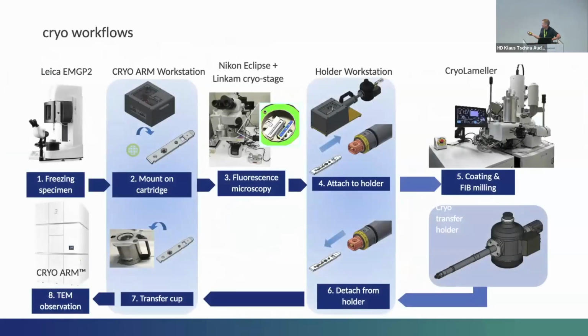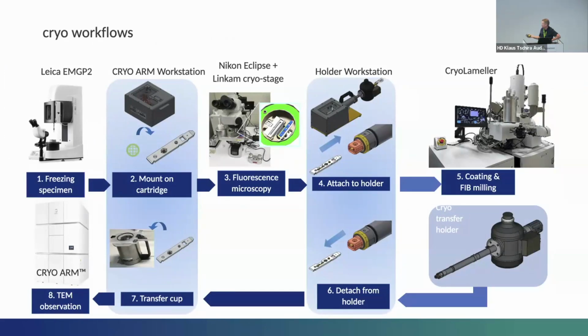But the entire workflow is essentially designed to allow the sample to be mounted immediately after freezing and then remain on the cryo-arm cartridge throughout the entire process. In addition to the more advanced high-resolution, fully automated cryo TEMs, JEOL also have a side entry cryogenic holder, which is compatible with the cryo-arm cartridge.